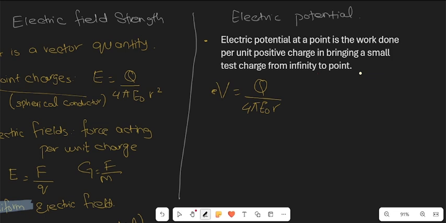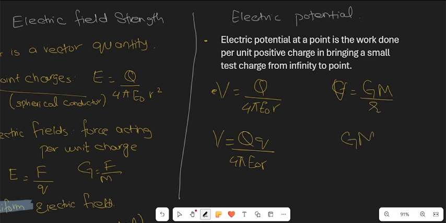And when you have electric potential energy, all you have to do is add another charge: Q times Q over 4 pi E naught R. Again, if you remember the gravitational field chapter, that was V equals GM over R, and for the potential energy it was GMm over R. So whenever you have difficulty, just remember this: all you have to do is change mass to charge and change this constant to 4 pi E naught. That was electric potential and electric potential energy.